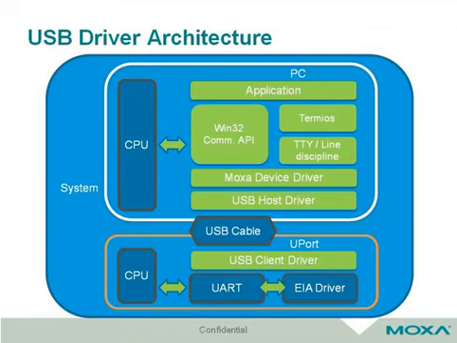Below the device driver, there is a USB host driver to drive the USB interface. Through the USB cable to the USB device, there is a USB client driver to interact with the USB host driver. With these 2 drivers, it can communicate the request from the application to the serial interface through USB.